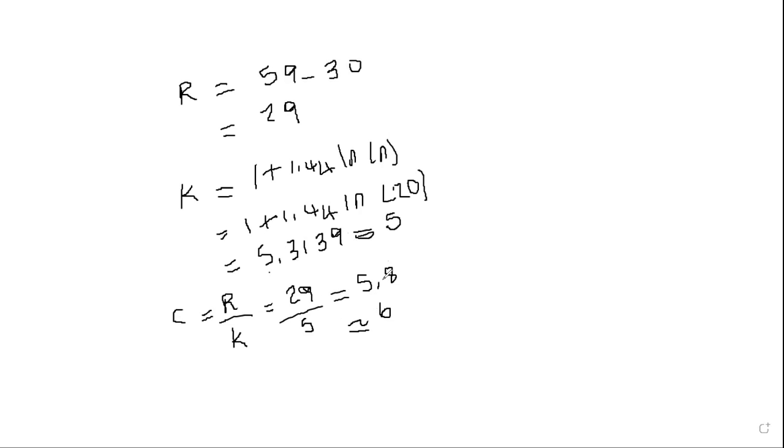If it was 5.31, we're supposed to round it up. But for the K we're just going to round off. So in this case, for the class width, we round up the value to the whole integer. So if it was 5.31, we round it up, we're just going to get 6. Okay, so that will be our class width or the class size.